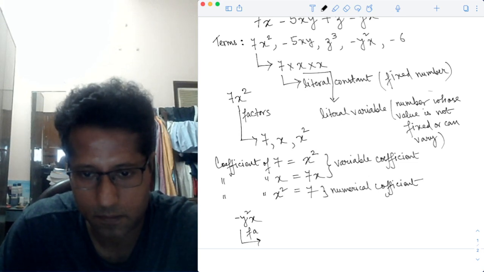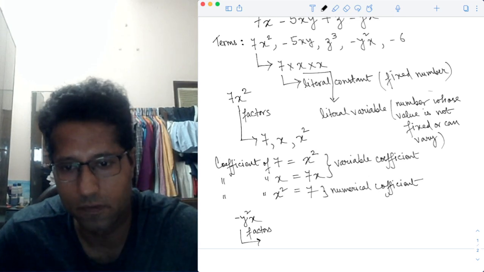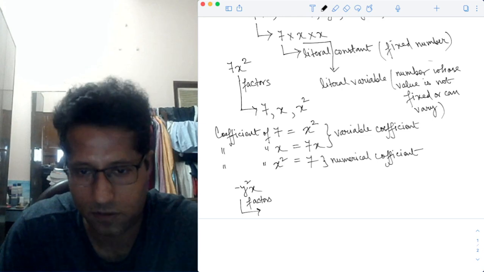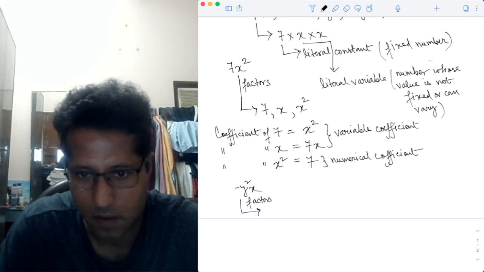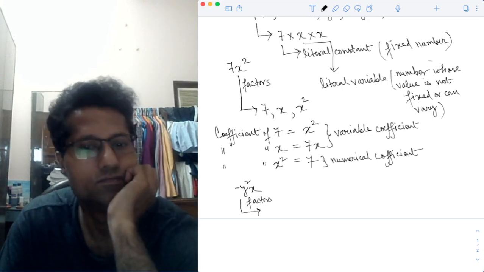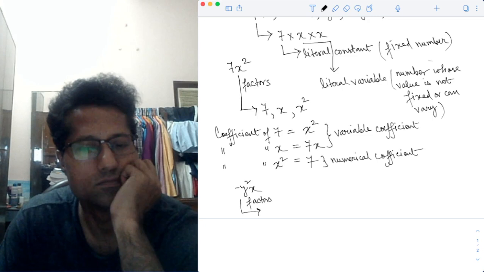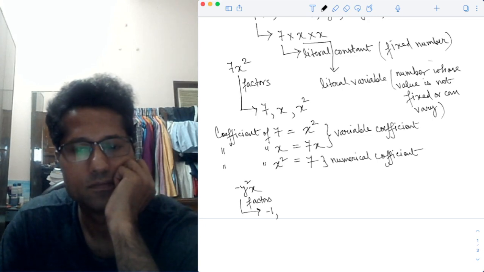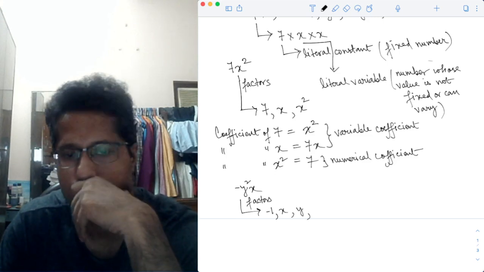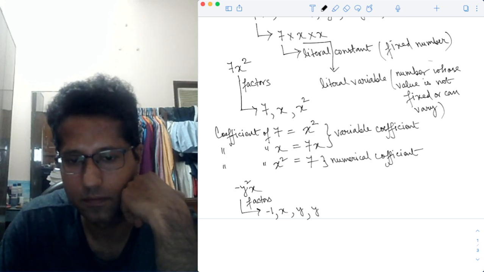What are the factors of the term minus y square x? The factors are minus 1, x, y, y square, x y.